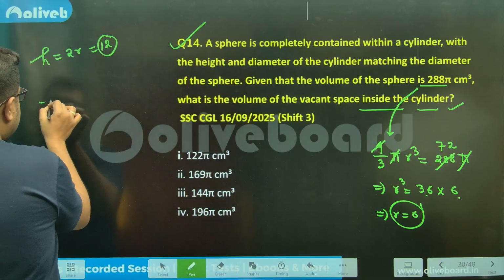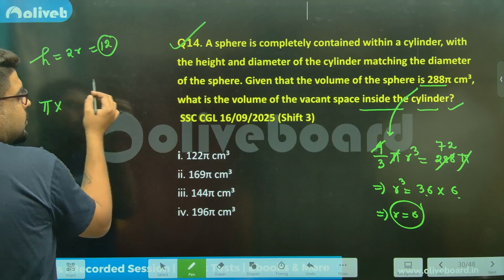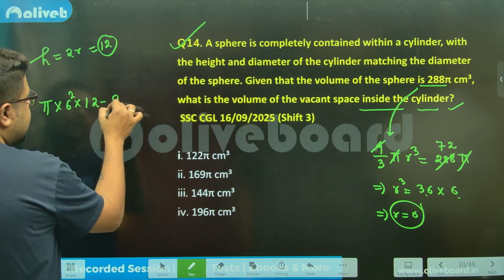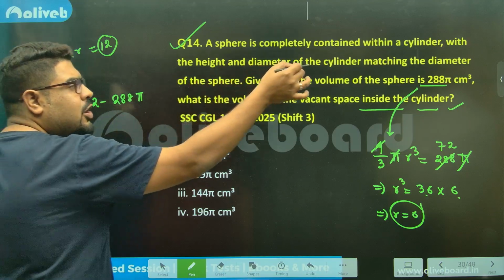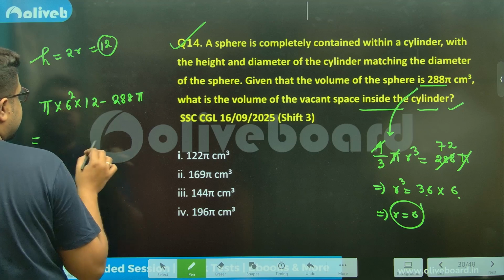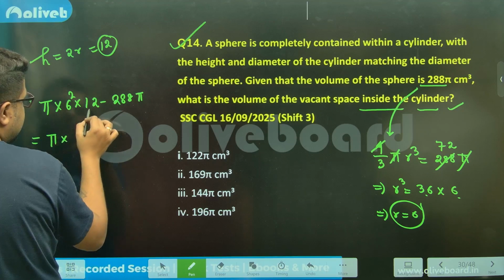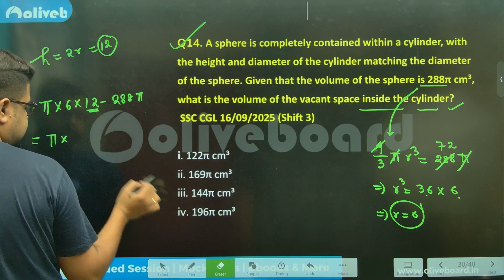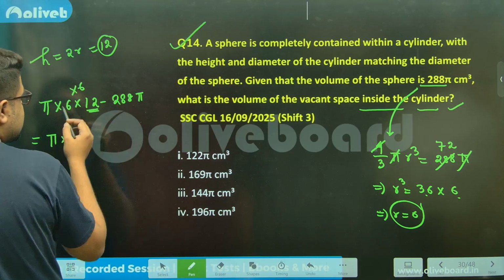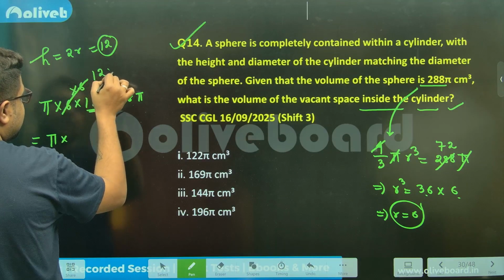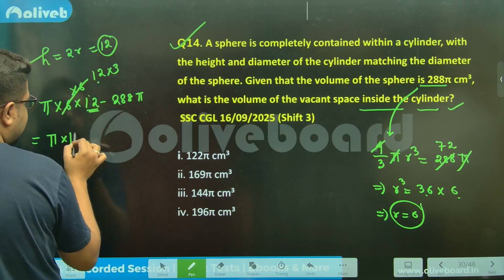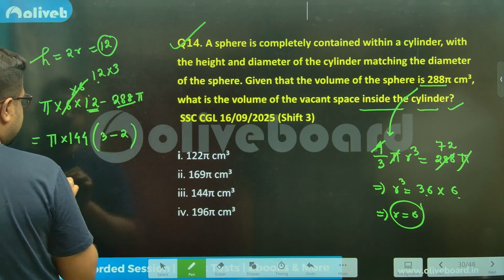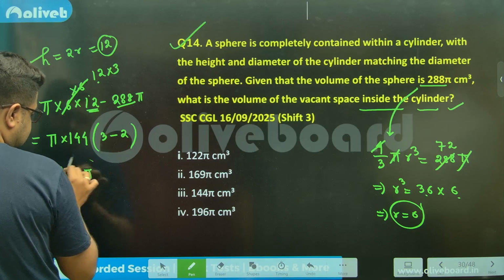Cylinder volume will be pi r square h, which is 6 square into 12, minus 288 pi, because I already know the volume of the sphere and there's no need to calculate it. Taking pi common, 6 into 6 into 12 is 144 times 3, minus 144 into 2. Meaning 144 pi will be the answer.